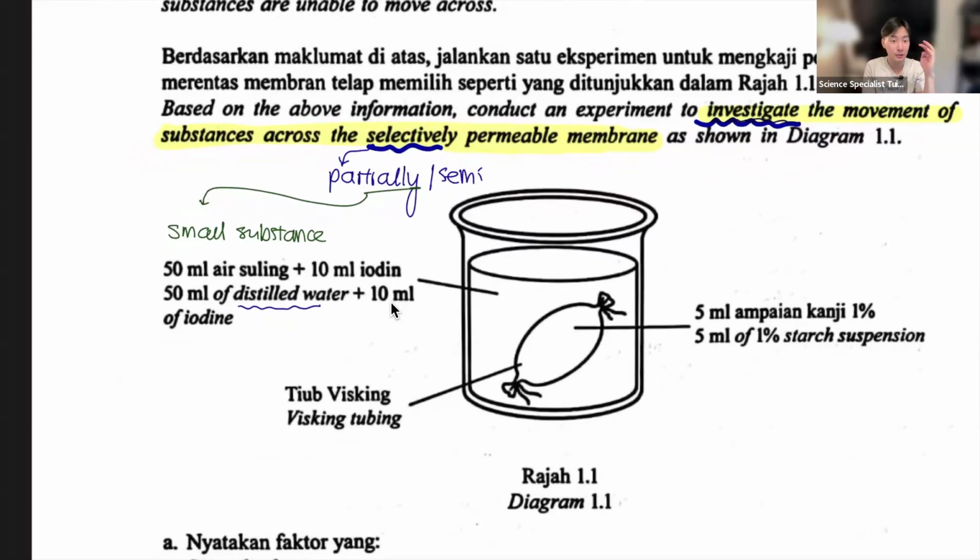That is the difference between distilled water and deionized water. Distilled water is just low in ions, not much in ions. What type of ions? H plus, OH minus, some salts probably contaminating. If you use deionized water, it's pure water. And 10 ml of iodine.